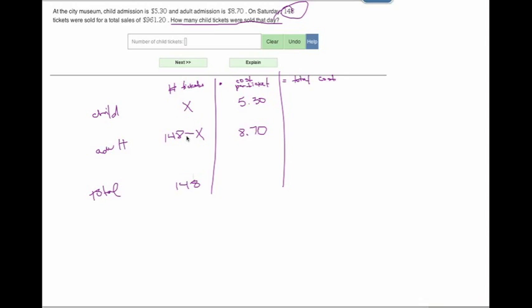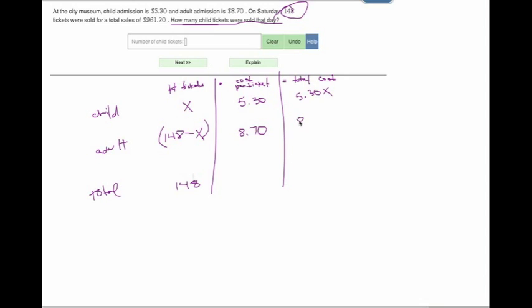Okay, so to fill in the total cost for the child tickets, we multiply across X times 5.30, or we can write that as 5.30X. The total cost of adult tickets will be 148 minus X, this whole quantity, so let's put it in parentheses, times 8.70.